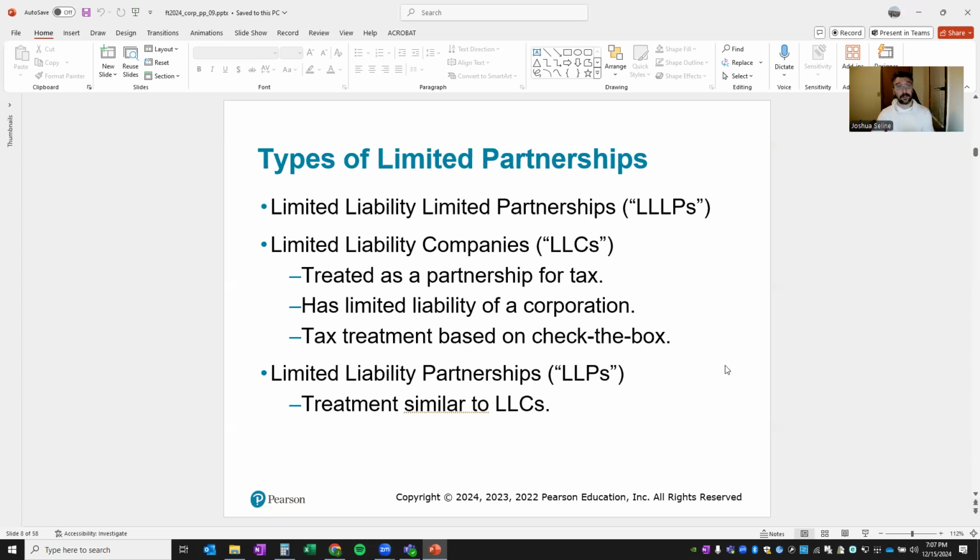So here we've got types of limited partnerships: limited liability limited partnerships, the LLLP, and the limited liability company, treated as a partnership for tax, has the limited liability of a corporation, right? It's kind of the marriage between the two. Tax treatment based on check the box. And limited liability partnerships, similar to an LLC designation.